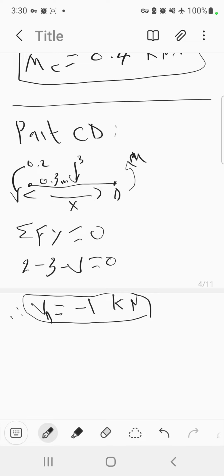So now let's solve for the summation of M equal to 0.